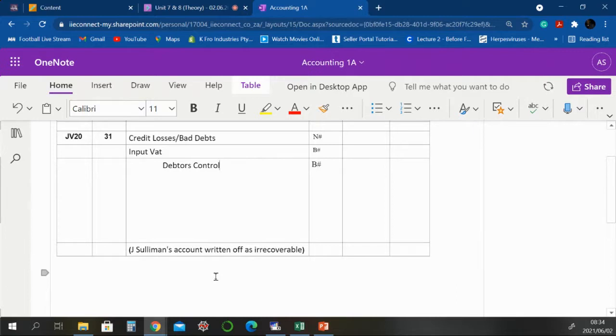Okay. So first things first, we have to look. We see, okay, he owes us 18,511.29. So that amount is what we're writing off in the debtors control. Okay, that's how much our debtors control needs to decrease by.